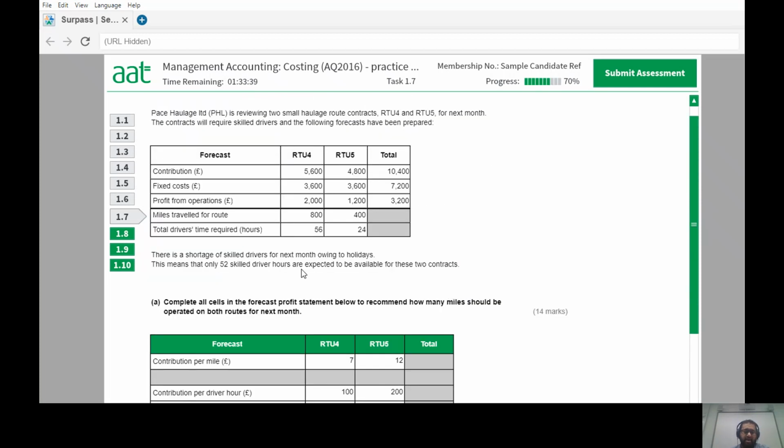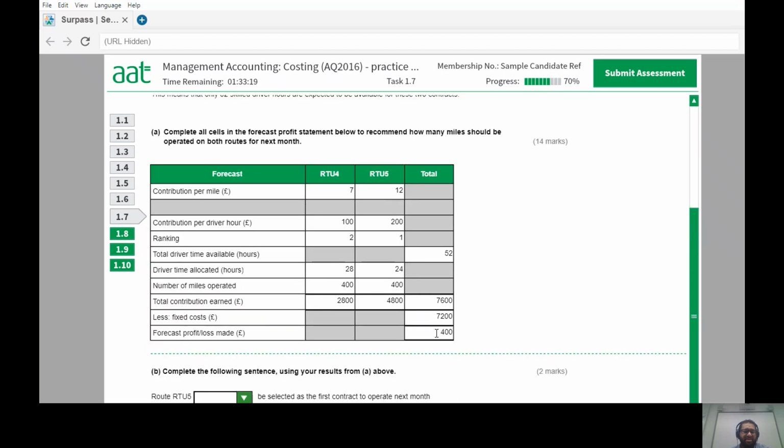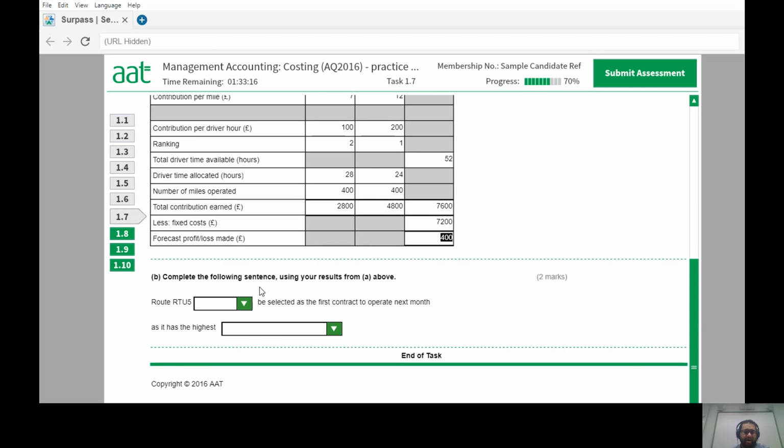Initially my profit was 3,200. Now we lost some of our contribution because of the limiting driving hours. Therefore, the fixed cost is now eating into my contribution. That means my profit has now decreased to only 400.